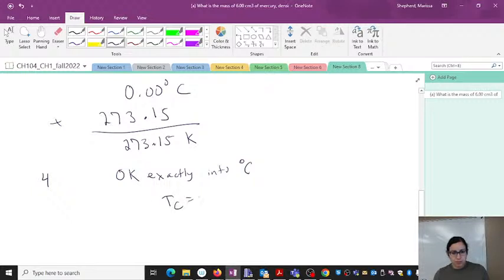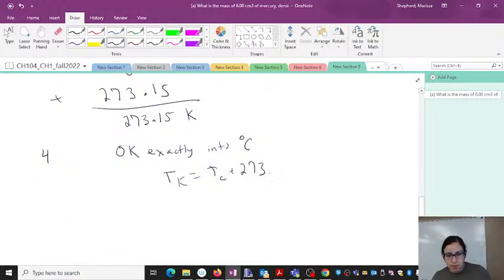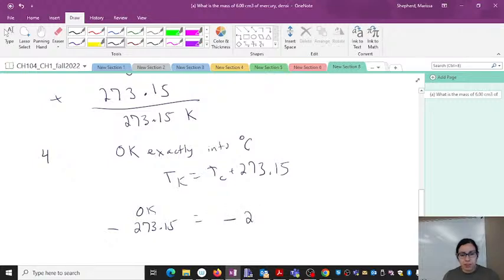Temperature Kelvin equals temperature Celsius plus 273, so now we want to subtract, and I should have added that 273.15. So now we'll do 0 Kelvin minus 273.15. That means the absolute 0 temperature in Celsius is, of course, negative 273.15 degrees Celsius. And again, that's only because it says exact, as that is not a normal scenario.